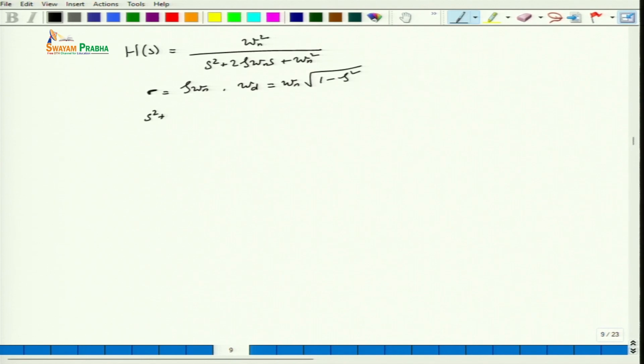Now let us consider the denominator because we are interested in the poles.